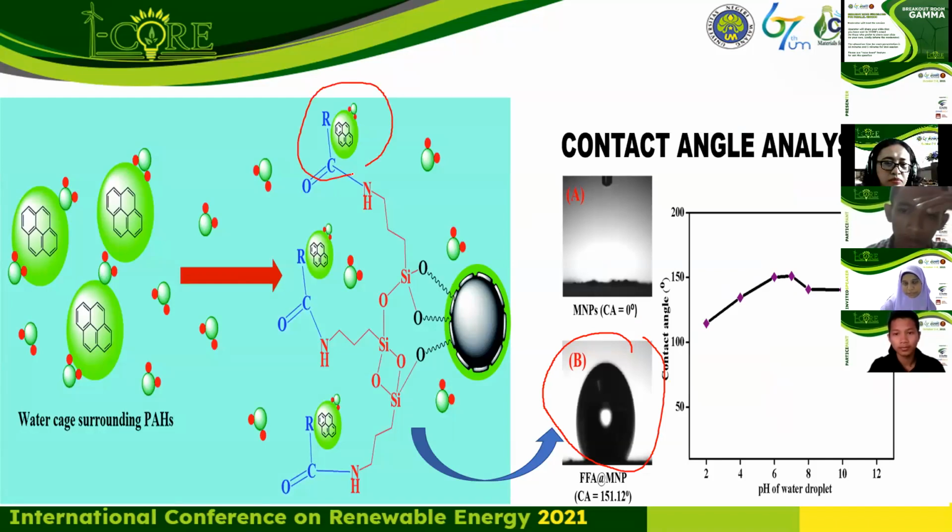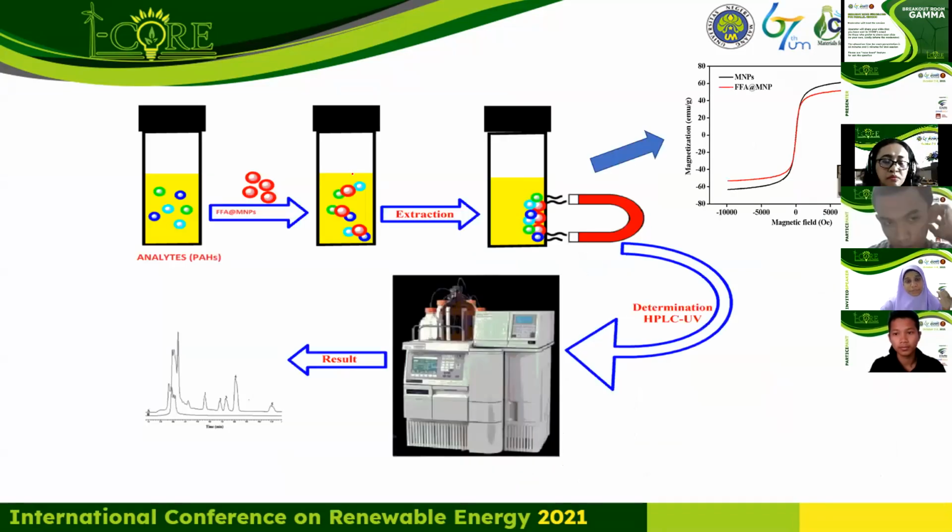So based on this, we say that this is a super hydrophobic material that is able to capture polycyclic aromatic hydrocarbons. The synthesis is very simple. In the sample preparation process, because we attach it to magnetic nanoparticles, we can use a very simple magnet to separate the magnetic material from the solution.